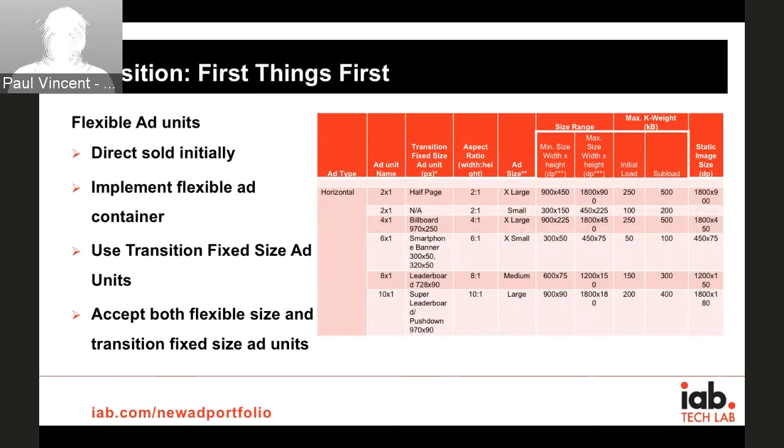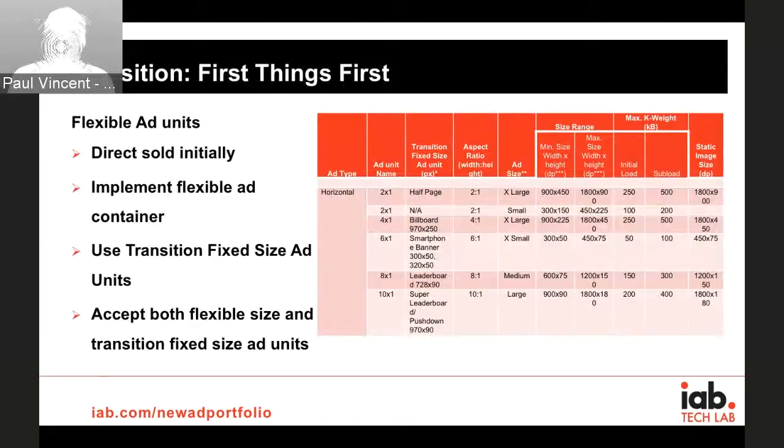A good analogy is in the past when the industry moved from a 300 by 250 to a 300 by 600, or 728 by 90 to a 970 by 250, a lot of publishers used their existing ad server. So in DFP, for example, you could serve either of those sizes depending on what had been sold, and then that placement is just sharing the overall inventory available for that spot.